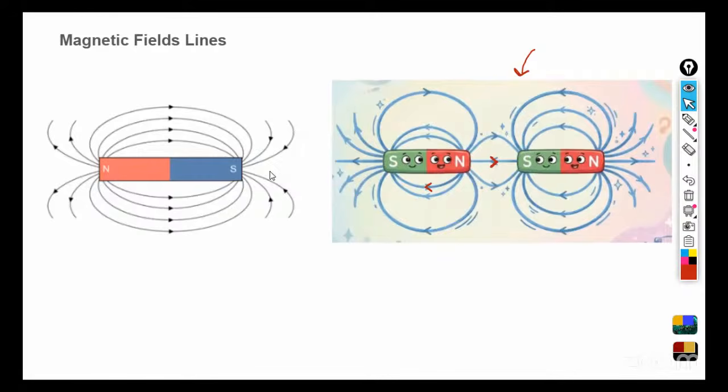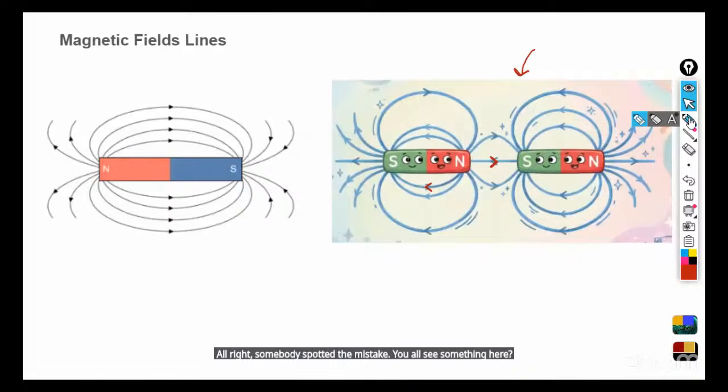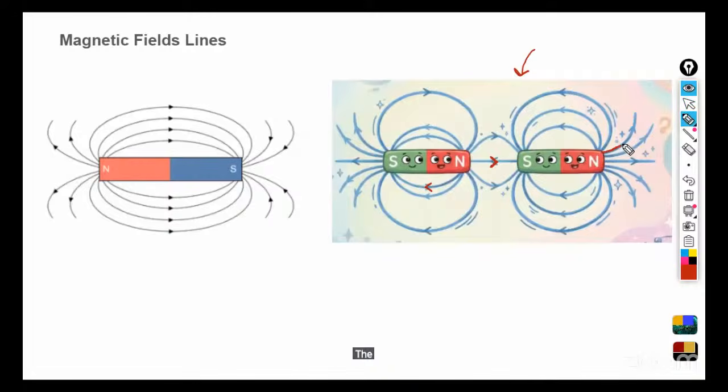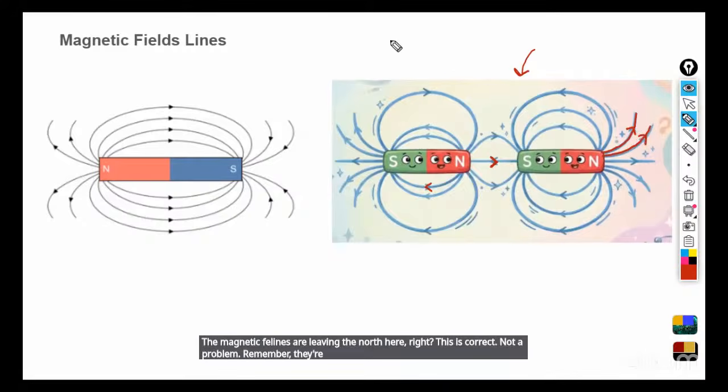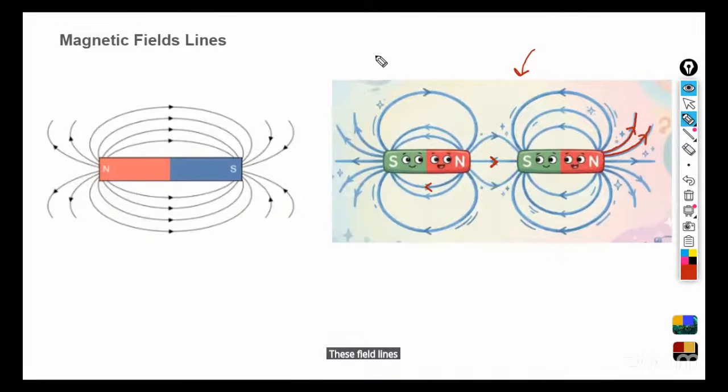All right, somebody spotted the mistake. Do you all see something here? The magnetic field lines are leaving the north here, right? This is correct, not a problem. Remember, they're going all the way around and it's supposed to come in on this side. These field lines are supposed to be flowing towards the south.